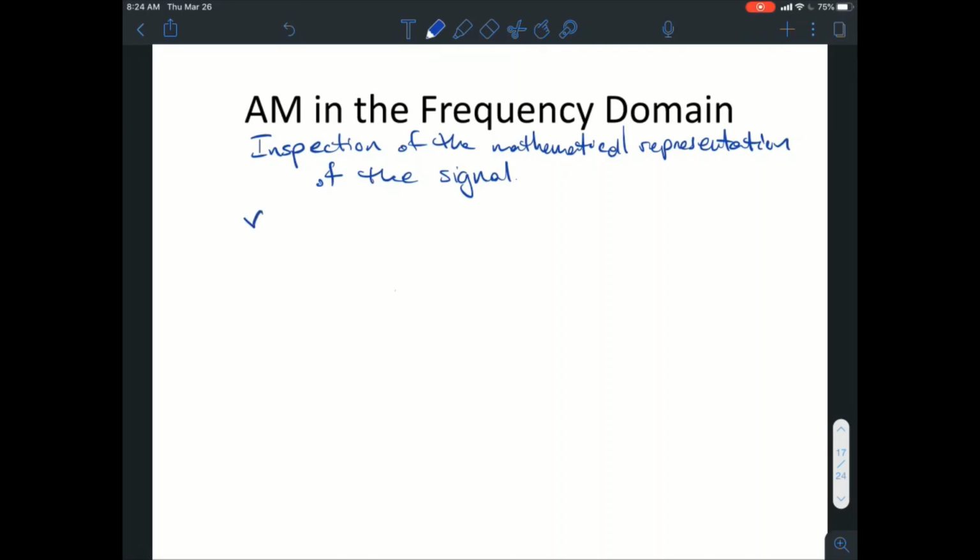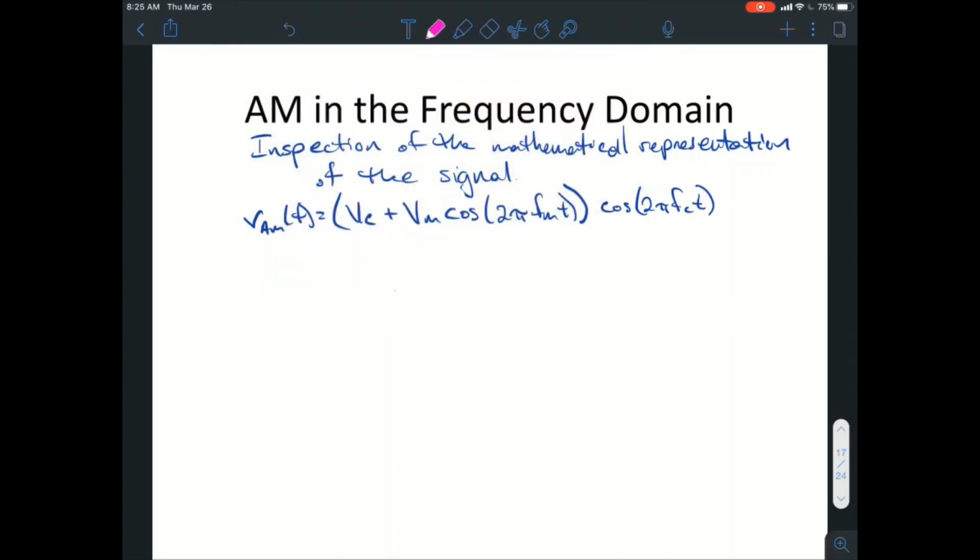We have V AM of t equals V sub c plus V sub m of t times, and let's just go ahead and expand it now, V sub m cosine 2 pi f sub m of t, and all of that times cosine 2 pi f sub c of t.